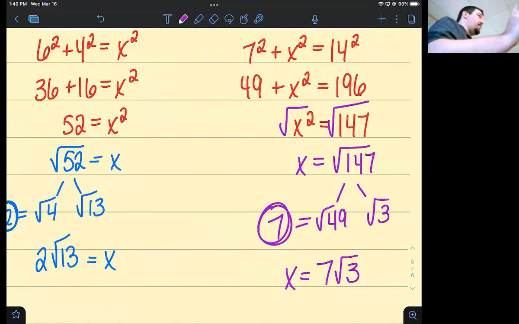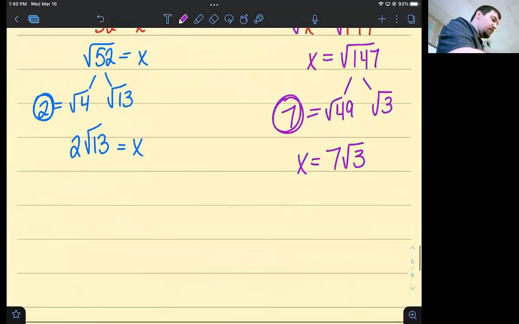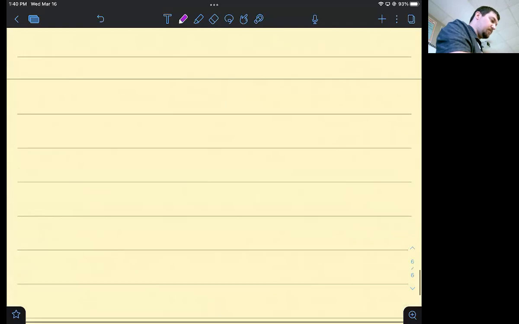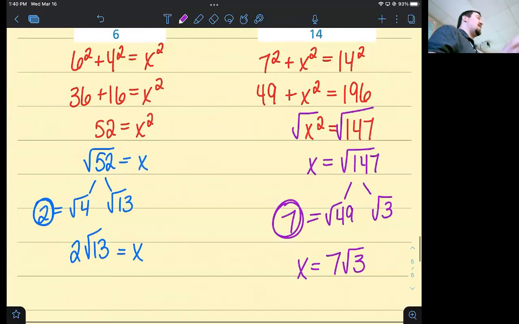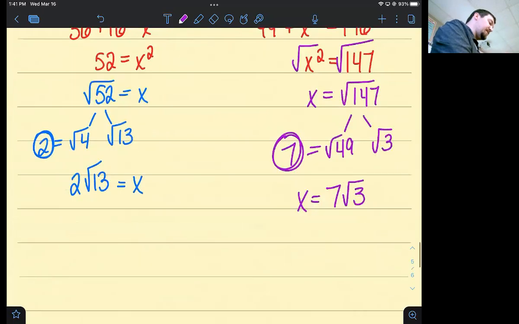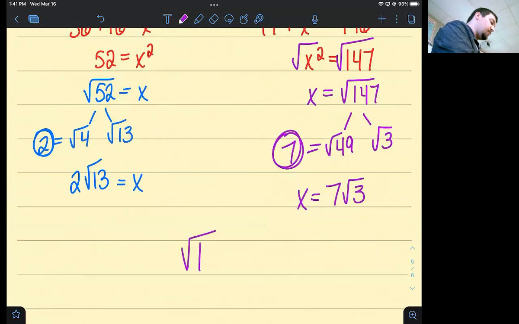Now, that being said, it is possible that if I gave you, for example, the square root of 10, and I said, all right, break that down, it doesn't break down.